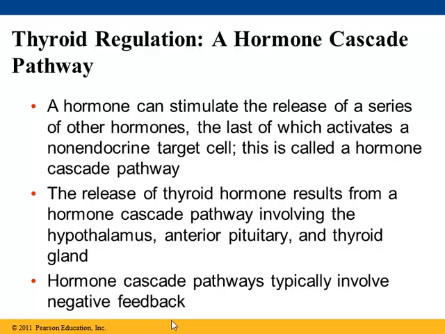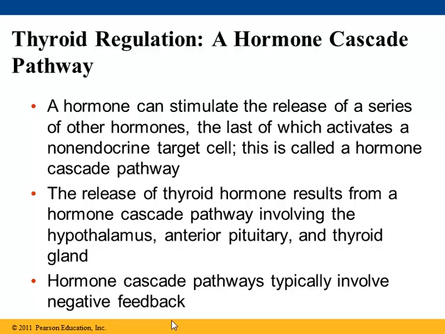So let's talk about thyroid hormone. You've got a lot going on here. This is a cascade because you've got the hypothalamus dropping a thyroid releasing hormone. Okay, it's TSH releasing hormone, which is then going to cause the anterior pituitary to release TSH, thyroid stimulating hormone.